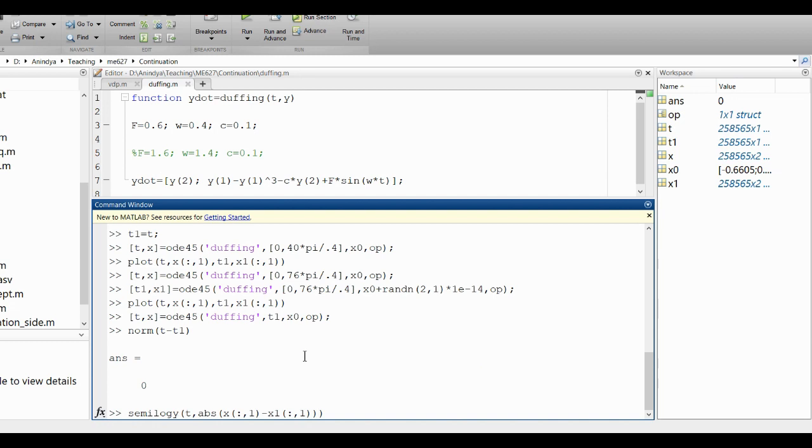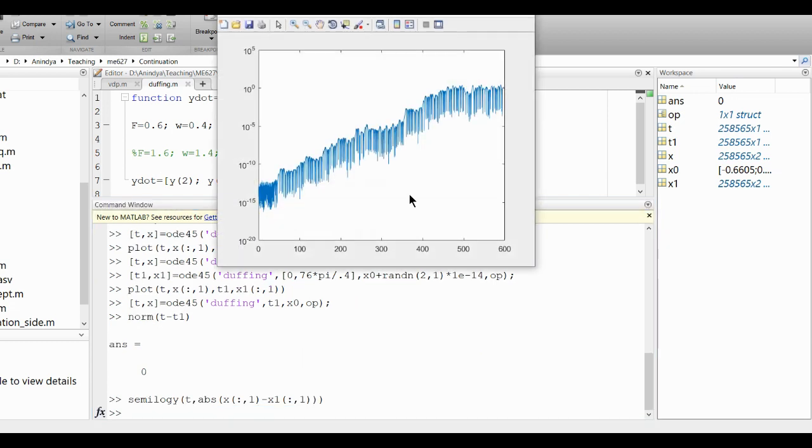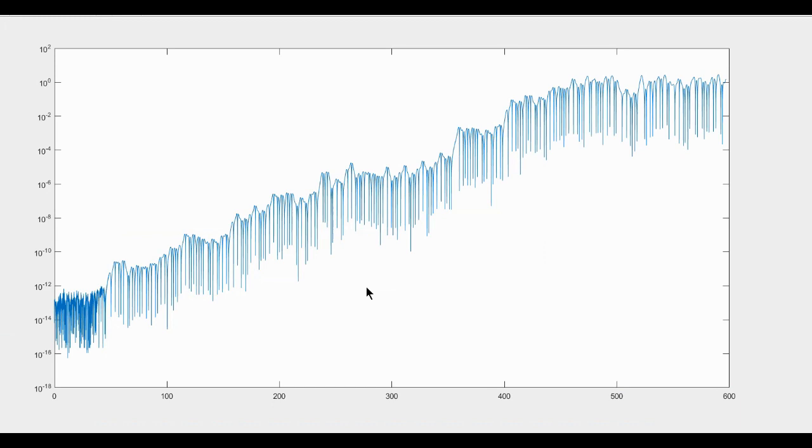Okay, so I'll look at it on a log-log plot, and this is a most marvelous thing, because you will see that we have started at 10 to the power minus 12. Minus 13 was the original difference between them, and 10 to the power minus 12 was the integration accuracy. And then at some point the difference between them was actually within the control of the integration algorithm.